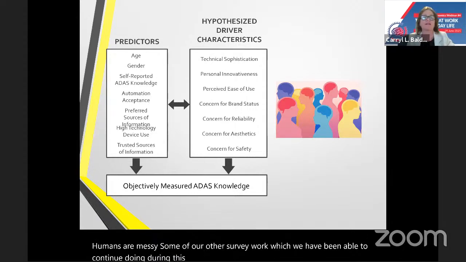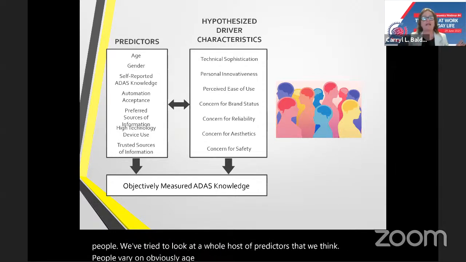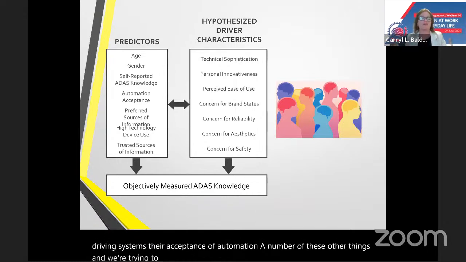Some of our other survey work, which we have been able to continue doing during this pandemic when we couldn't put electrodes on people, looks at a whole host of predictors that we think people vary on: obviously age and gender, their knowledge of these automated driving systems, their acceptance of automation, and a number of other things. We're trying to predict where they get their information and what their understanding of it is.